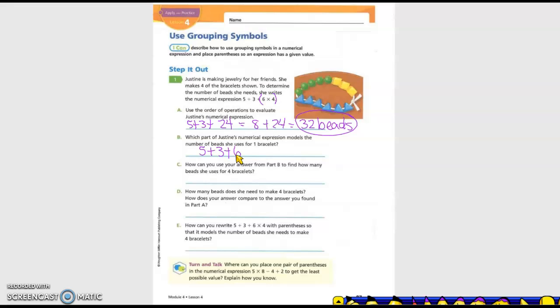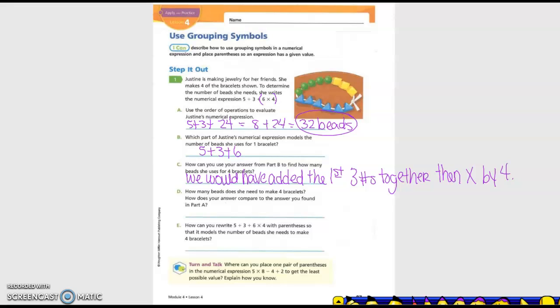Okay, so we would have added the first 3 numbers together, then multiplied by 4. How many beads does she need to make 4 bracelets?